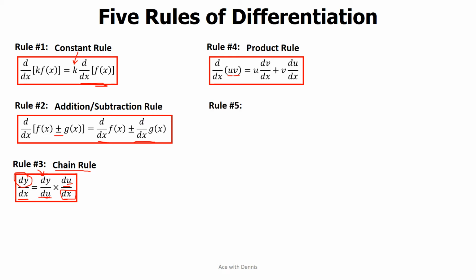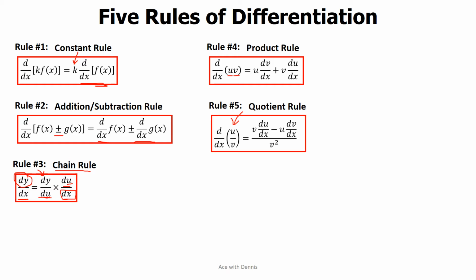Similarly, we go to rule number 5, which is called quotient rule. Quotient rule involves two functions where one function is divided by another function, so u over v. The differentiation of u over v in terms of x, the formula will equal (v du/dx minus u dv/dx) over v squared.